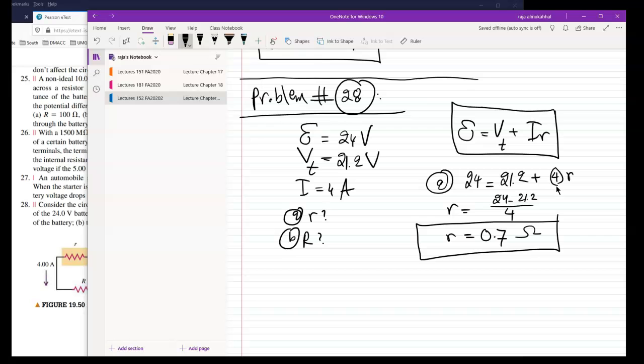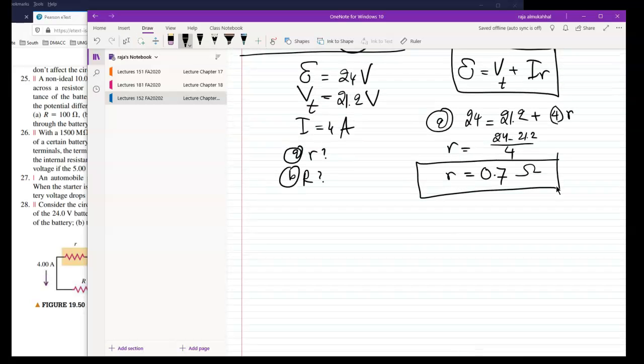There we go. Part B, he said, what is the actual resistance, which is basically the light bulb, the resistance across the light bulb that is shown, this big R. Well, the best way to do it is the terminal voltage is equal to what? IR, Ohm's law. You got it? This is the formula for the terminal voltage.